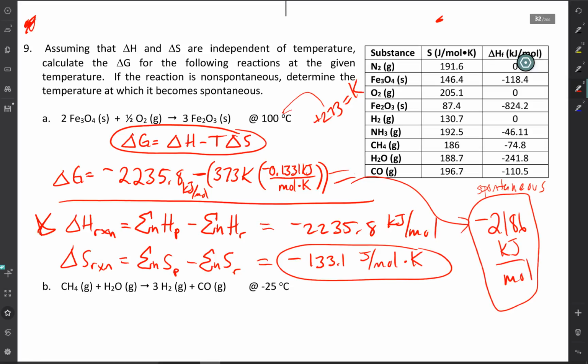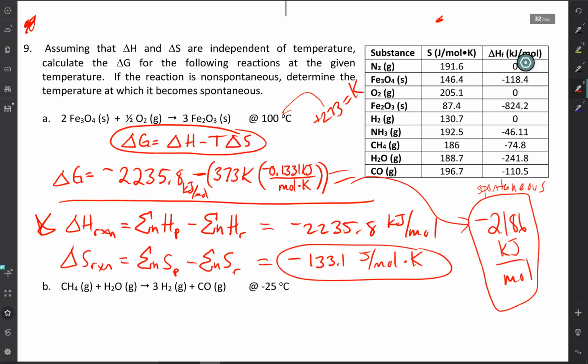We've got kilojoules per mole and we've got joules per mole Kelvin. Most people, by the time they get to this point, are so excited that the problem is almost over that they get lazy, they don't put in their units, and then they make careless mistakes. You need to convert joules into kilojoules or kilojoules into joules. And if you don't do that, you're going to get the question wrong.